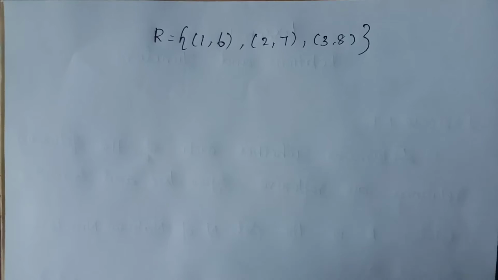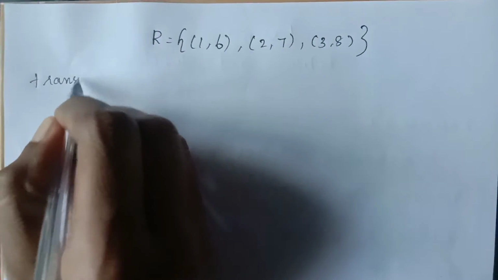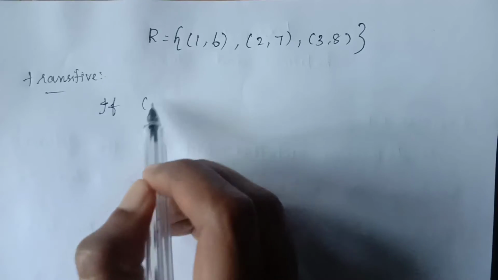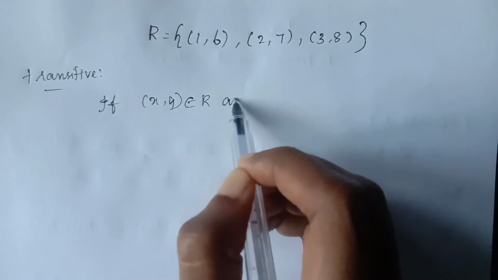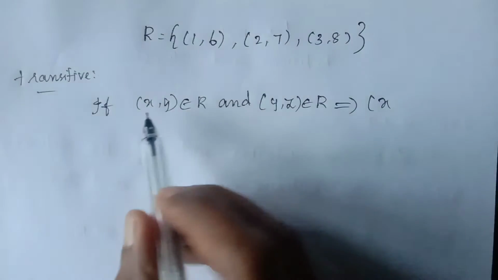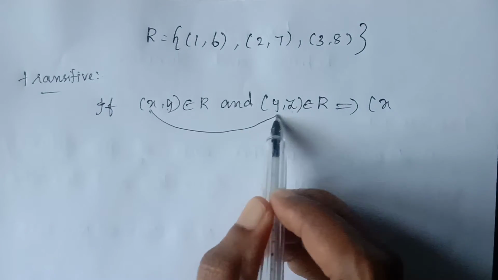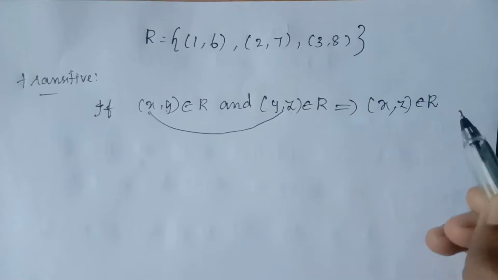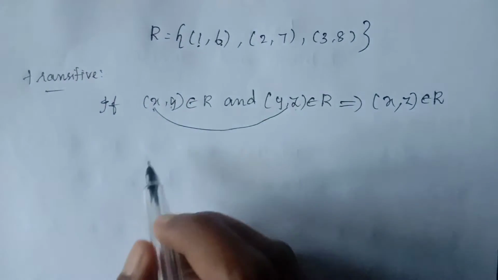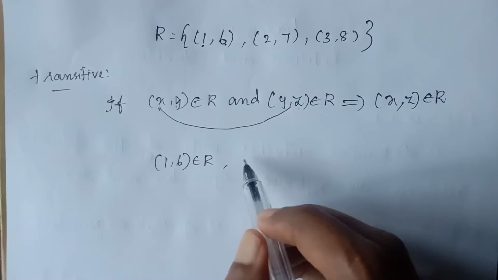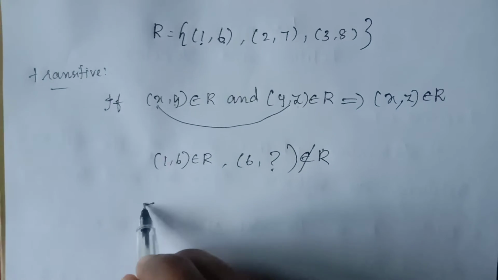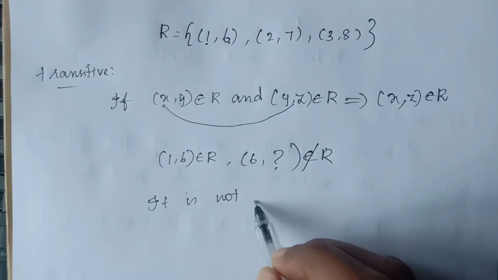So R is not symmetric. Okay, third condition, transitive. Transitive means if (x, y) belongs to R and (y, z) belongs to R, then we need to prove that (x, z) belongs to R. First take (1, 6), which belongs to R. But we don't have (6, some number) in R. So it is not transitive.